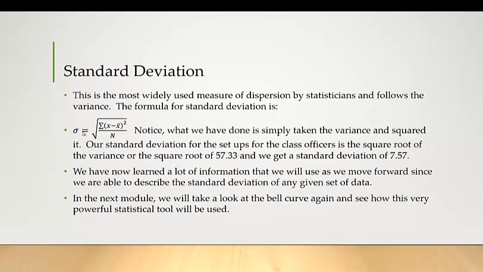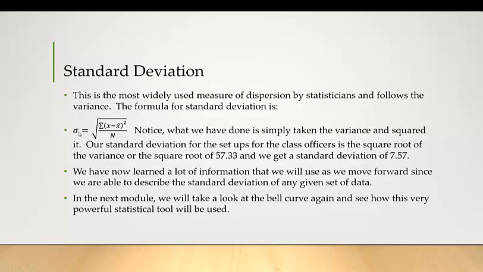Our standard deviation is, notice that our formula now has just the sigma, it doesn't have sigma squared. What we've done is we've taken the square root of both sides. So it is the square root of the sum of squares, x minus x bar, which is the same as saying little x squared, the sum of x minus x bar squared, over n.